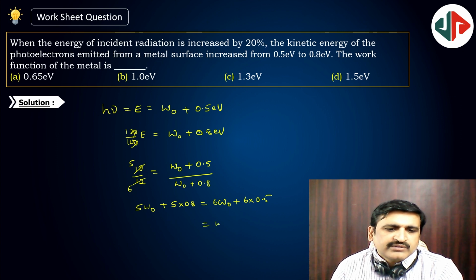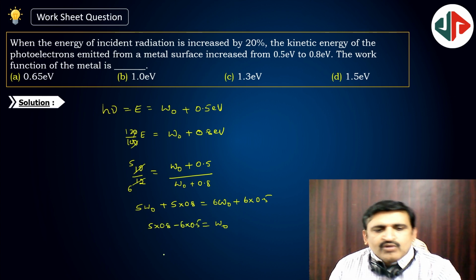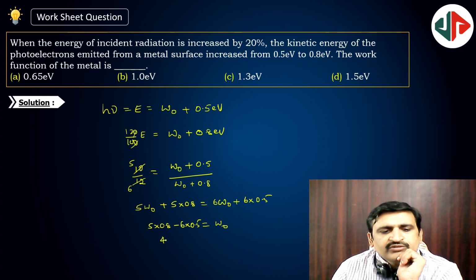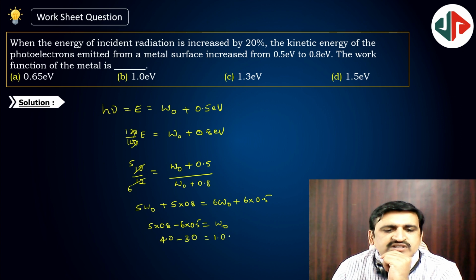So W naught equals 5 into 0.8 minus 6 into 0.5. How much will it be? 4.0 minus 3.0, so the work function is 1.0 electron volt.